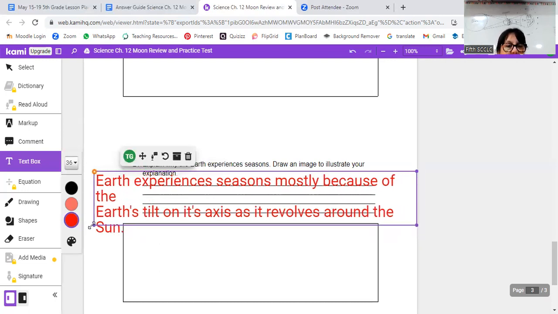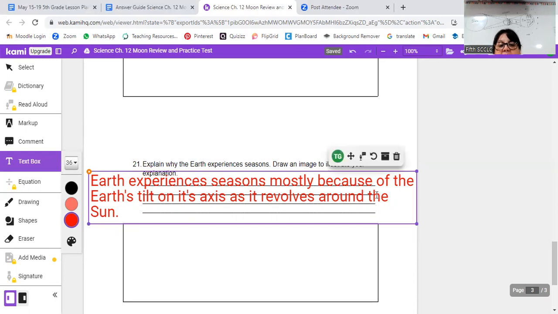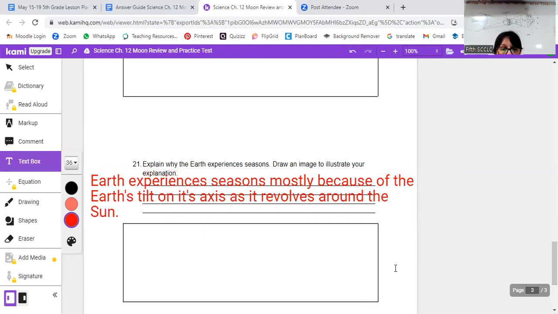Okay, the Earth experiences seasons mostly because of the Earth's tilt on its axis as it revolves around the sun. And it has apostrophes because it's talking about the property of something. Yes. All right. Preposition. Yes. Okay. All right.